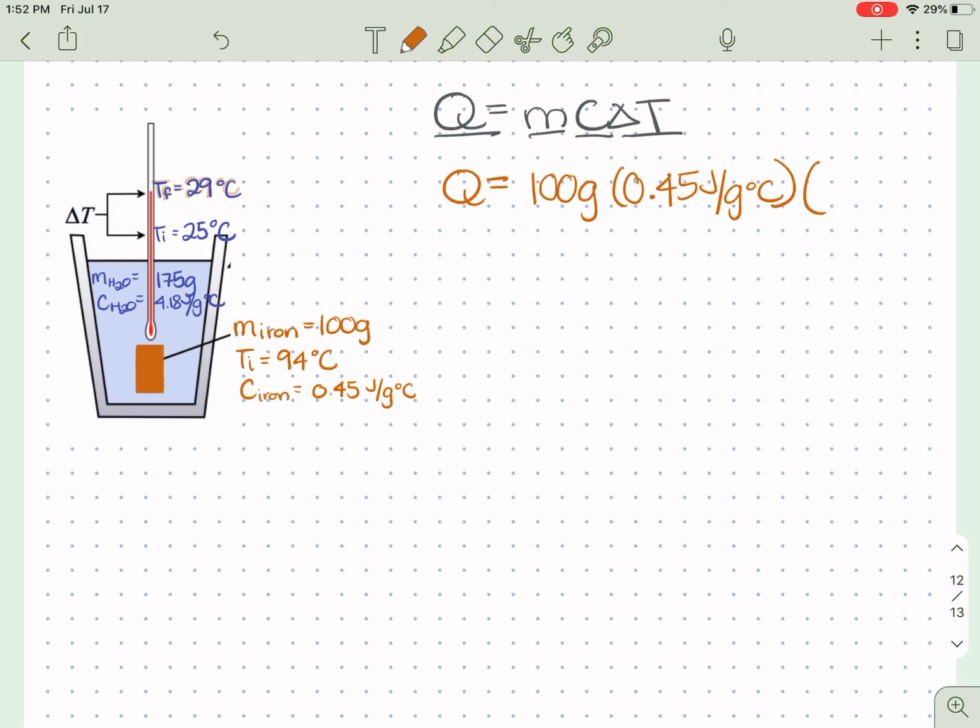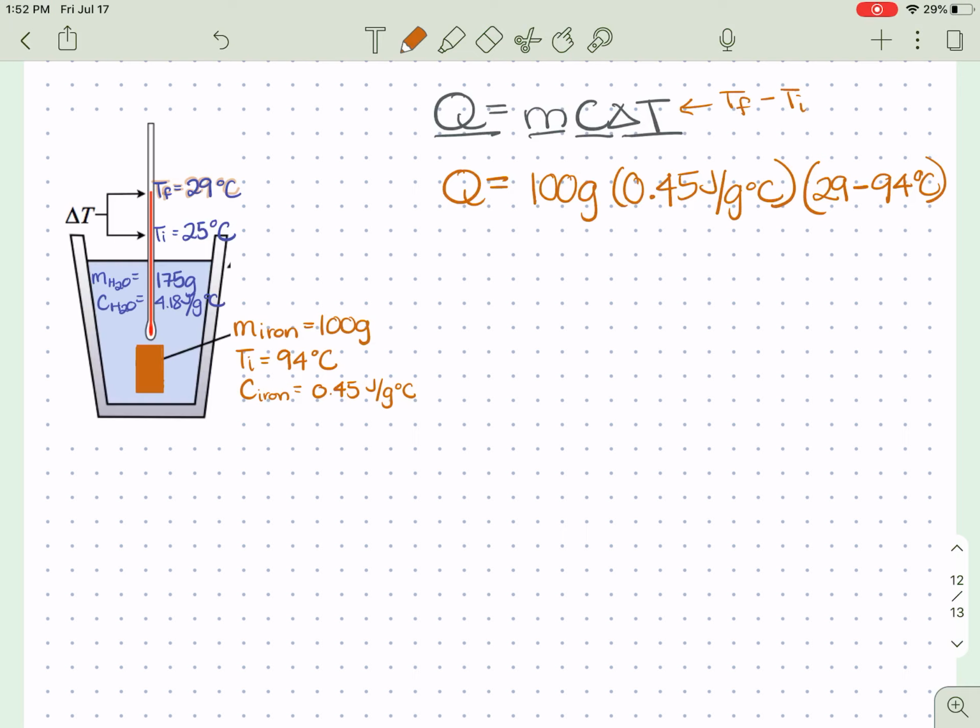Delta T, remember, is T final minus T initial, or the final temperature minus the initial temperature, which is 29 degrees minus 94 degrees. And that's all degrees Celsius.